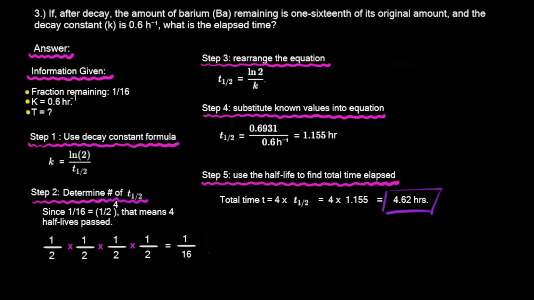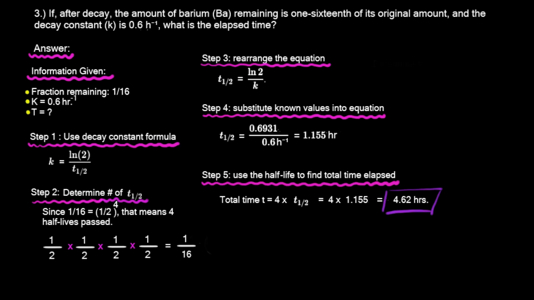In step number 3, we have to rearrange the formula for the half-life. We know that the decay constant formula is K is equal to ln2 divided by the half-life. If we rearrange this equation, we can solve for the half-life. T1/2, or the half-life, is equal to ln2 divided by K. In step number 4, we need to substitute known values into the half-life formula.